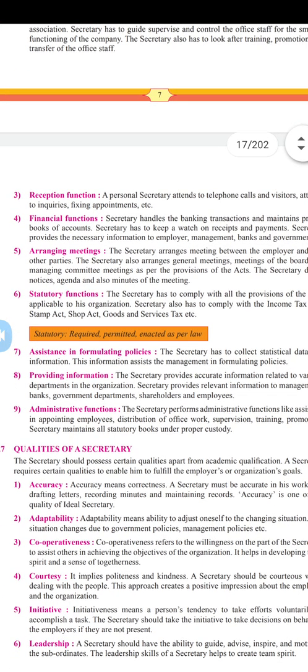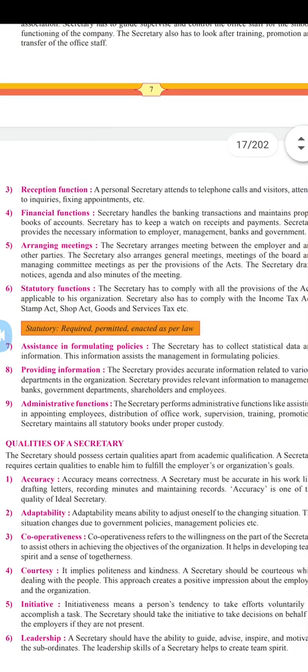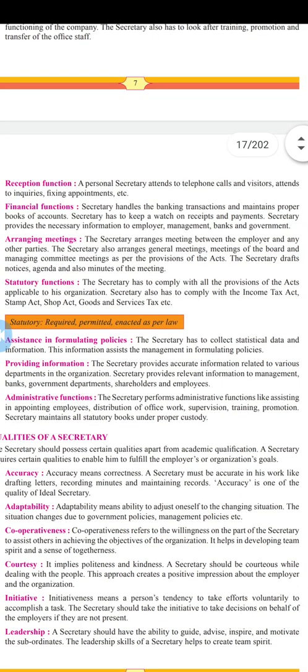Then the fifth function is arranging meetings. Secretary arranges meetings between the employer and any other parties. The secretary also arranges general meeting, extraordinary general meeting, and annual general meeting. There are lots of meetings of the company held in a year, which are related to the shareholders or creditors, debtors, then debenture holders.